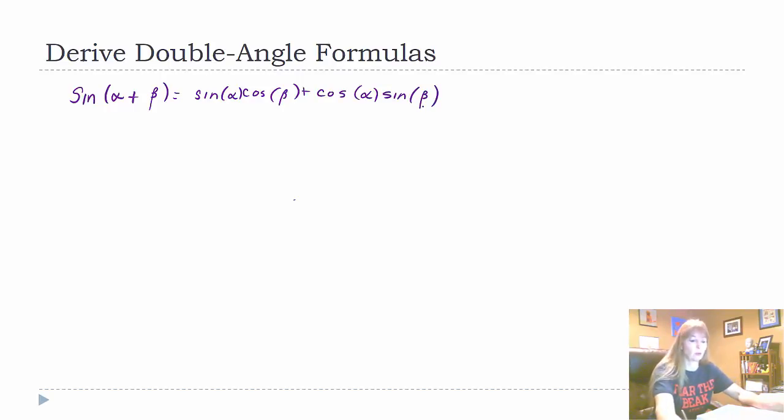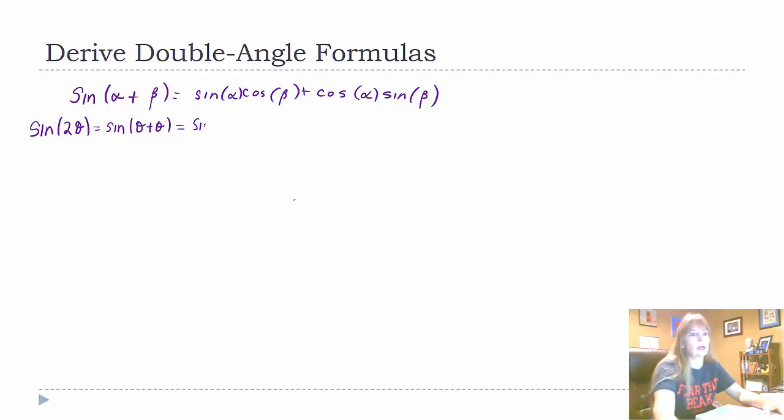That's the sum formula. Well, if I want to find a double angle, like 2 times theta, isn't that the same thing as sine of theta plus theta? Because if you got one theta and you got another theta, you got 2 thetas. That's that higher math. And so from here, I can just use my formula.